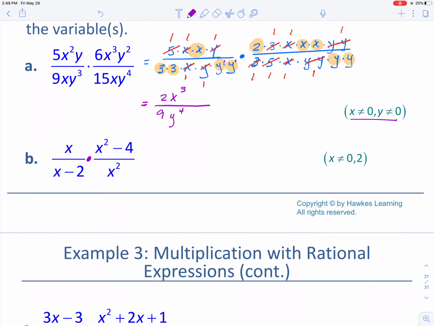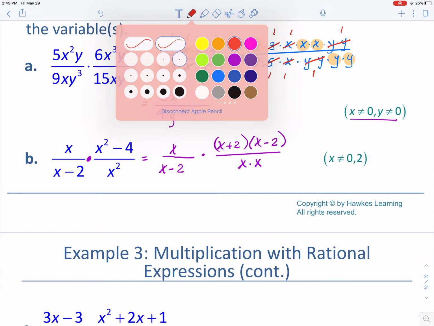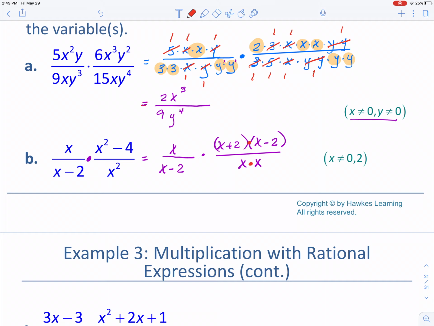Notice the operation is times. Your rule here, we're going to try to factor everything in the numerator that can be factored, and everything in the denominator that can be factored. The only thing I'm noticing here is that difference of squares, which I can factor, and I might go ahead and write that x times x down there. Notice everything is now in terms of multiplication here.